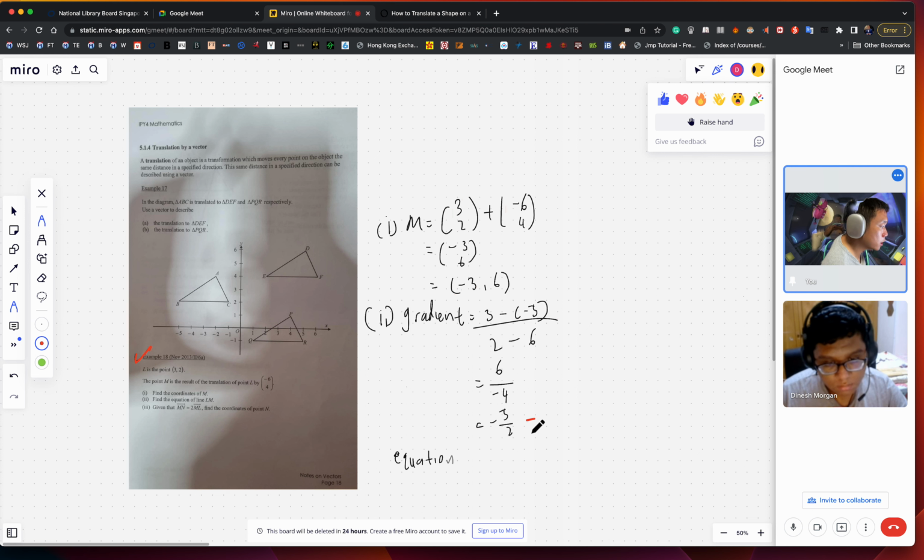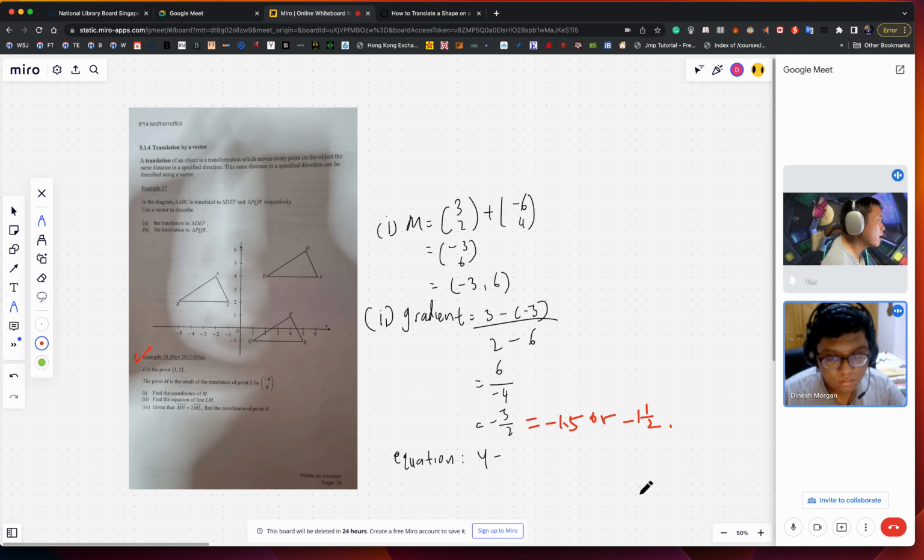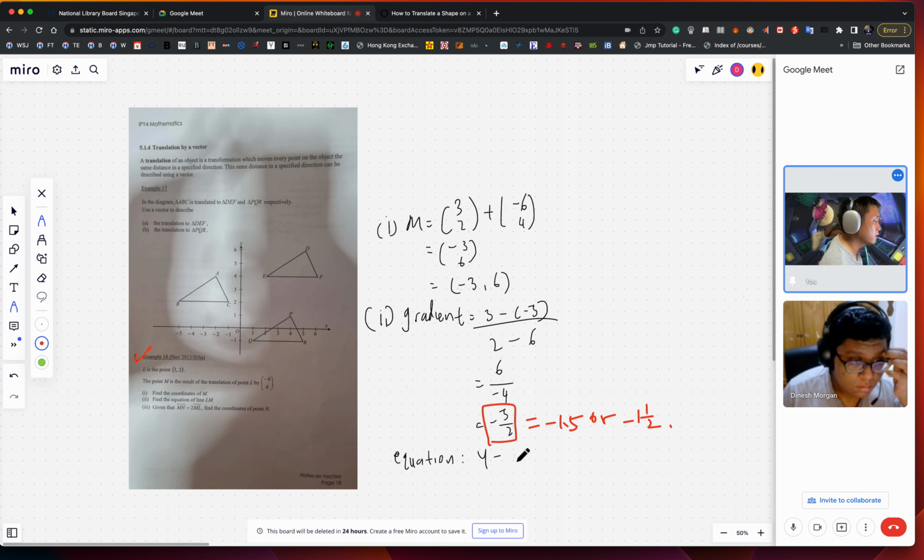Just to take note, it's good to give it in a mixed number. I remember during my days I got penalized because this is an improper fraction. So it's good to express it in this mixed number. All right.